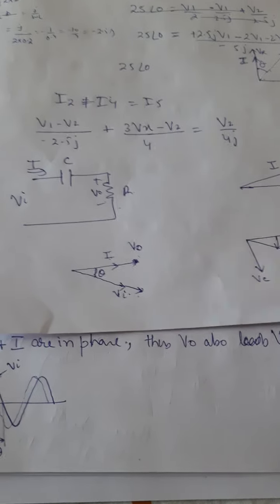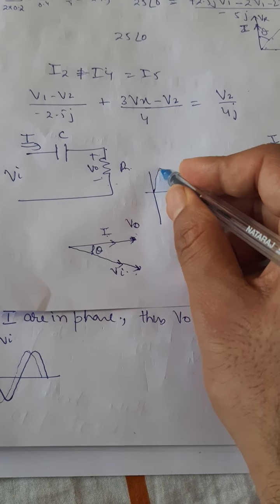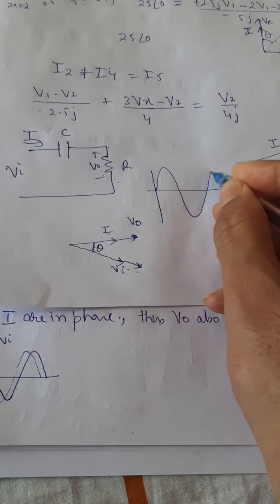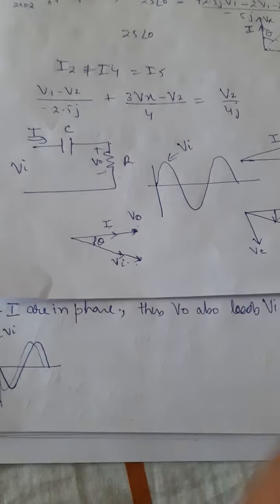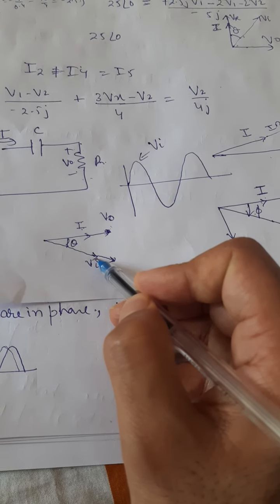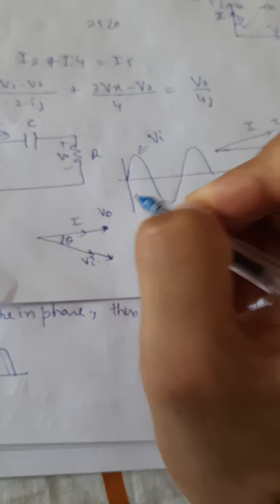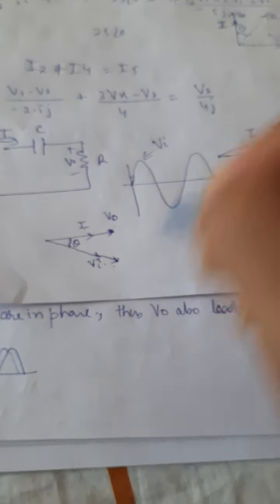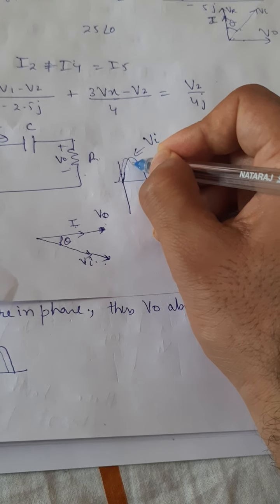So if this is my VI input voltage, V0 is leading VI by some angle theta, meaning that at the point when VI was equal to 0, V0 should have some value because it is leading. So this is the waveform for V0.